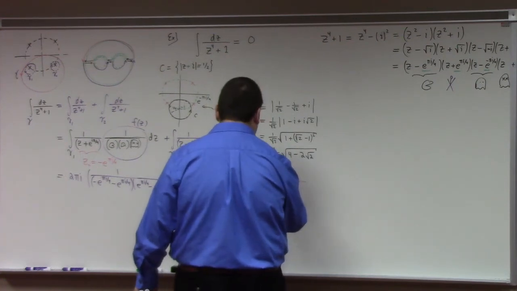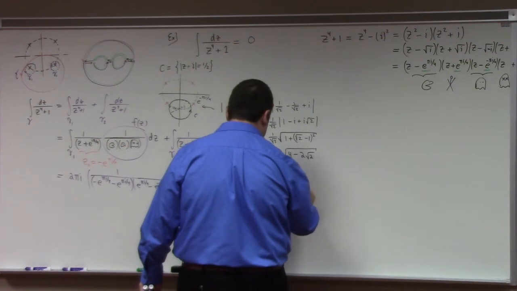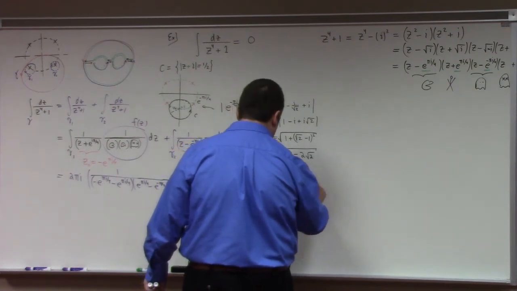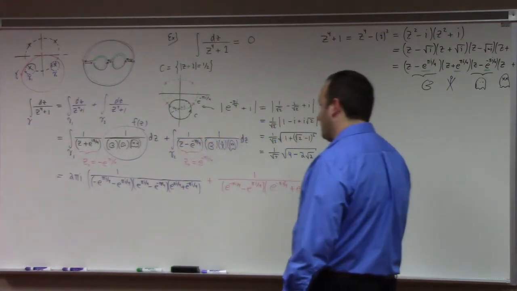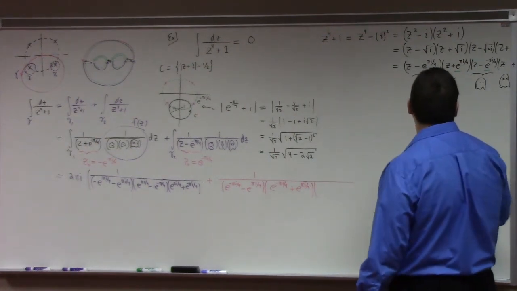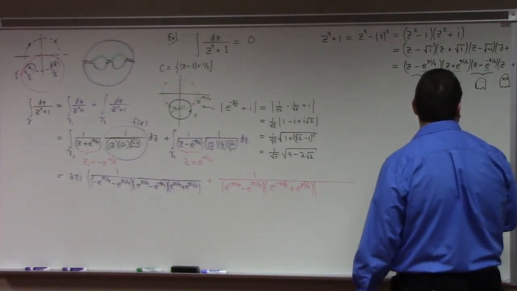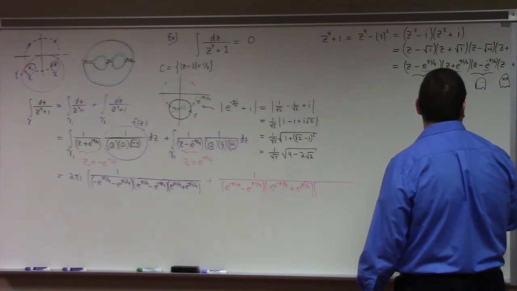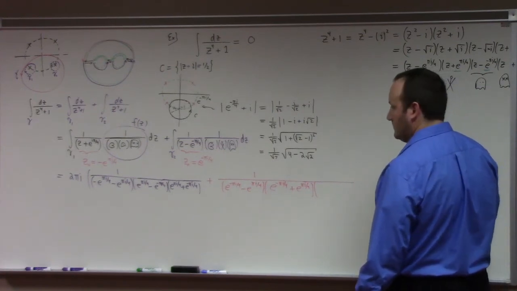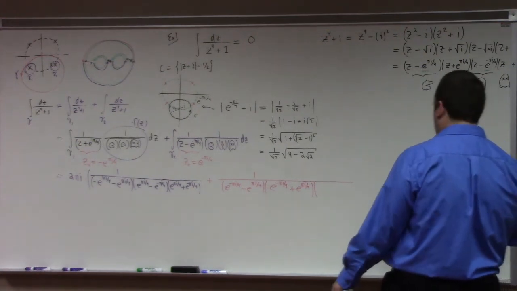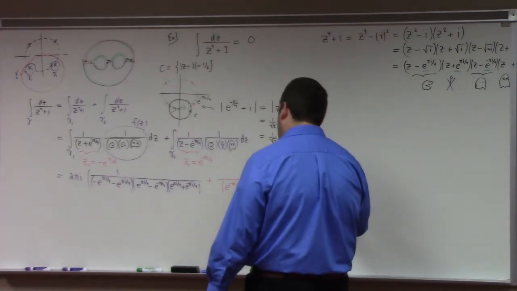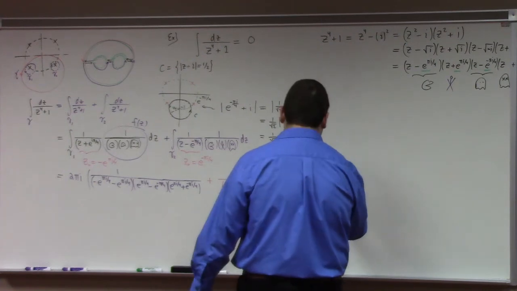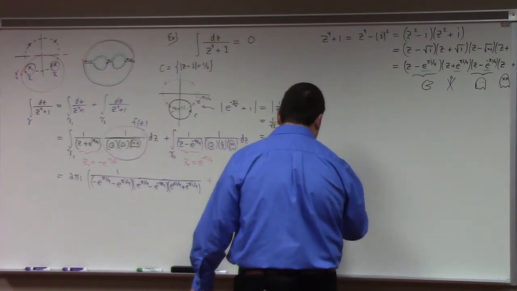So I do e to the minus pi i over 4 plus e to the pi i over 4. And then what? What am I on? Oh, dead ghost. So this time, 2 e to the minus pi i over 4, right?